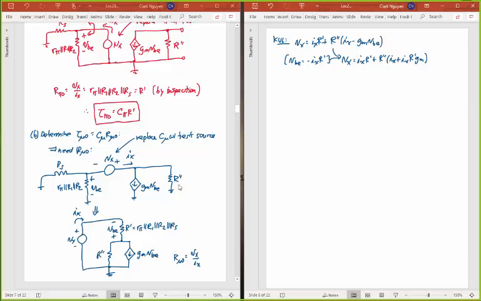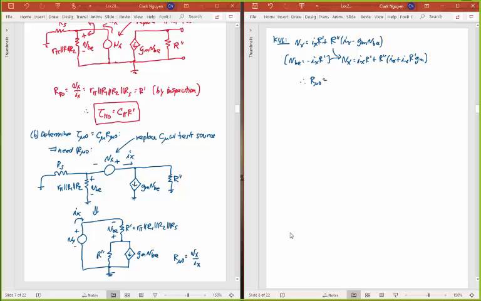Right? Plugging this in for VBE up here. And then finally, with this, I've got Vx and Ix's on both sides. Now I stick them on the same side. I will then get R mu naught.